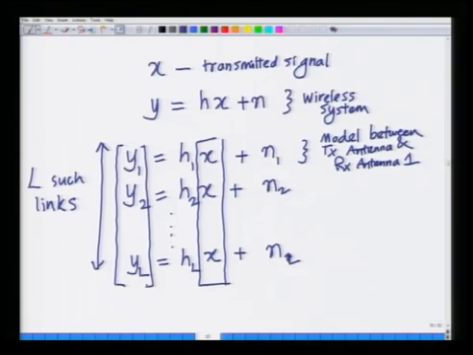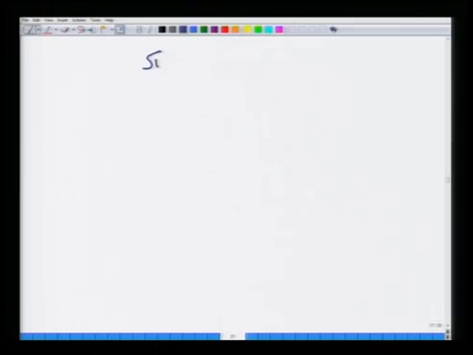I am going to represent these symbols y1, y2 up to yL as one vector. Similarly, I am going to represent h1, h2, hL as one vector and n1, n2 up to nL as one vector. So, now my system model is given as follows.